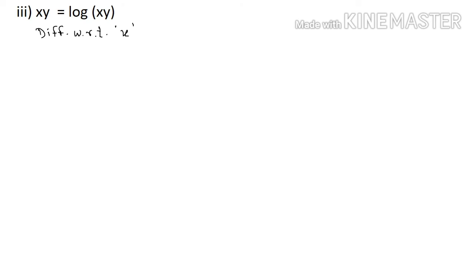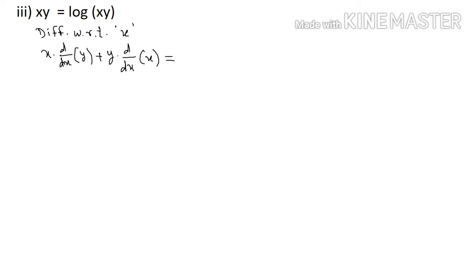So we have to use the formula of d dx of u into v. So we get x into d upon dx of y plus y into d upon dx of x, correct, is equal to log of xy.